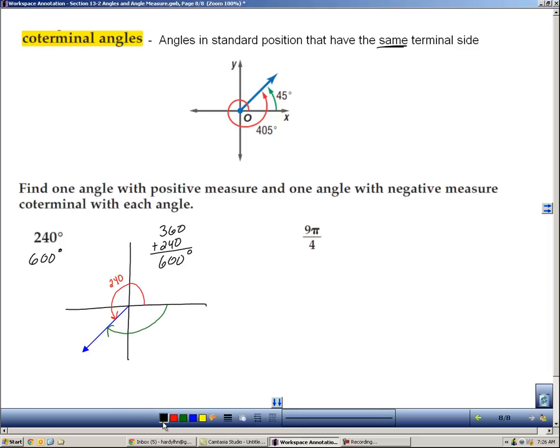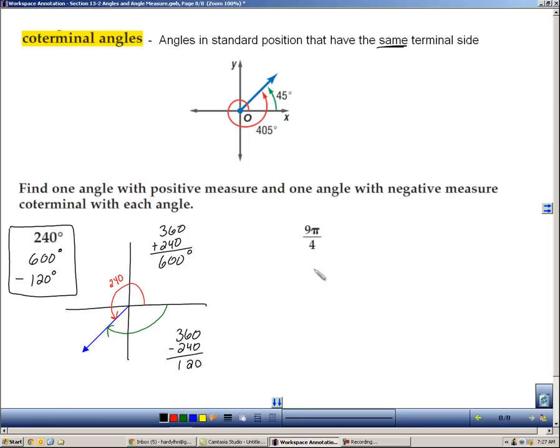And that would be another good angle that would be coterminal. In that case, I'm going to take the 360 and I'm going to subtract the 240. So that's going to be a 120-degree angle, but we're going to the left, so that's going to be a negative 120 degrees. We're going clockwise, so it's a negative angle. So 600 and negative 120 are both angles that are coterminal to 240.